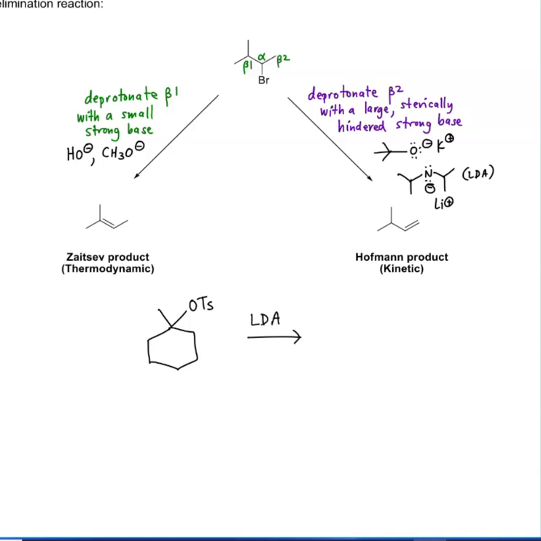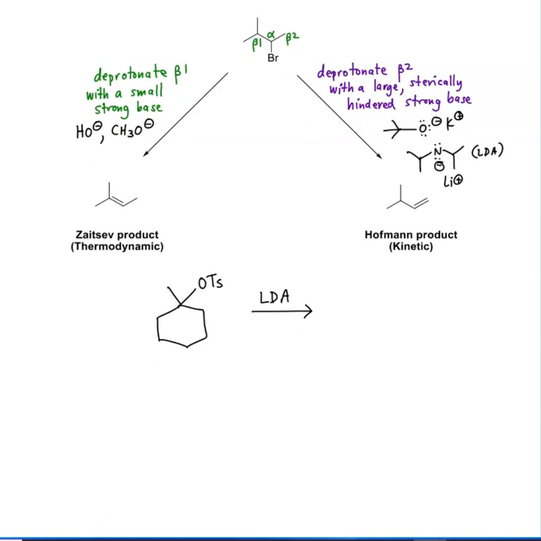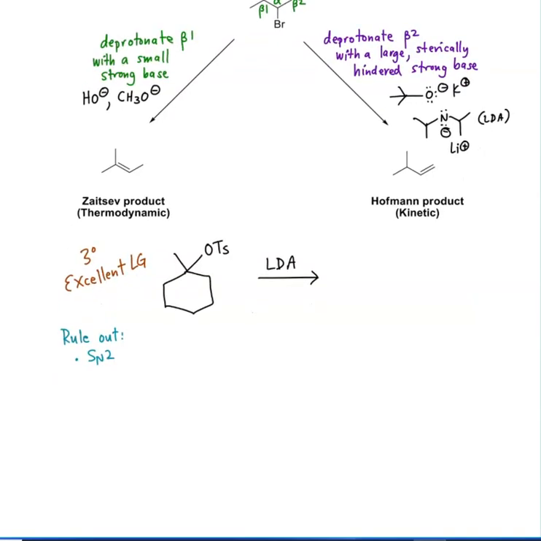Okay, let's say that we treat this compound with LDA. All right, so we have a tertiary substrate in this case, which, as you'll recall, can lend itself to an E2 elimination. It has an excellent leaving group. And so what can we rule out here? We can rule out SN2. First of all, because we have a tertiary substrate that's sterically hindered.